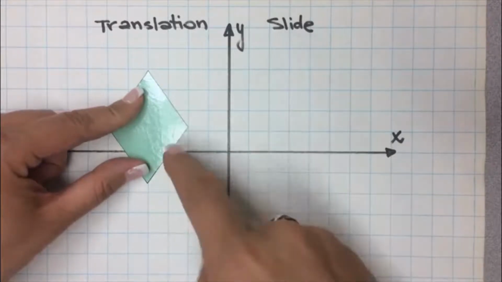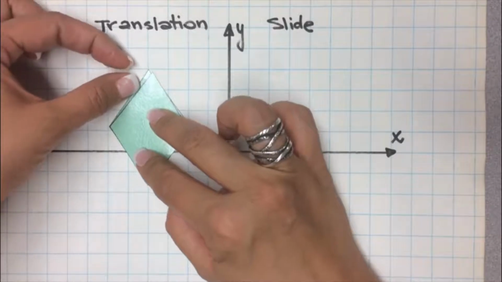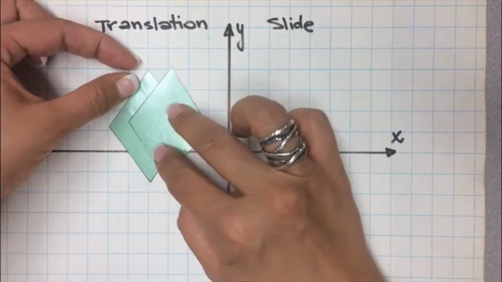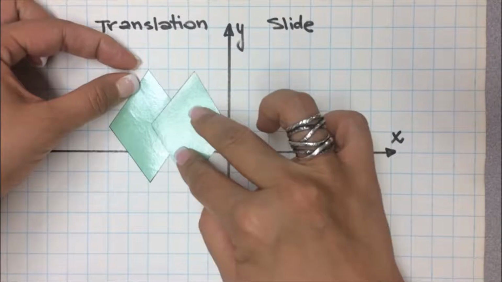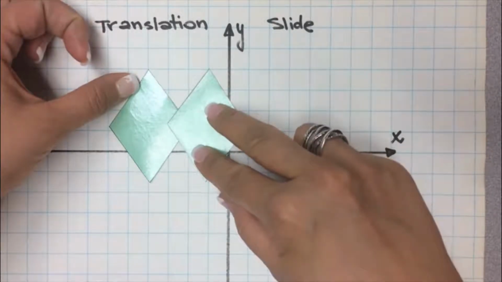So in other words, if this is my pre-image and the problem says translate 3 units to the right, that'll be 1, 2, 3, and you will end up there, and the orientation will be the same.